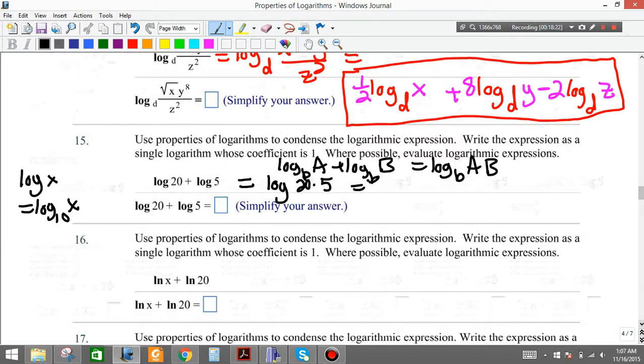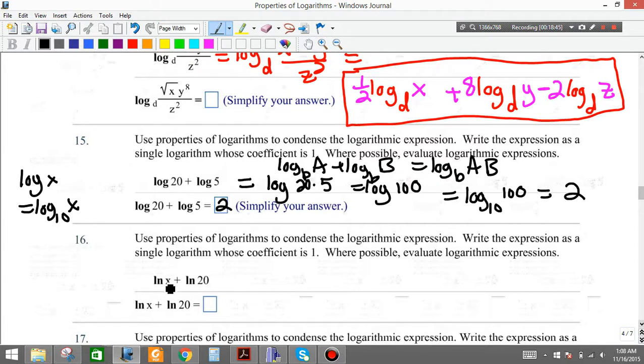So this is the log of 100. Again, this is log base 10 of 100. This we should know offhand, because this is nothing but the power that you raise 10 to in order to get 100, and we know that 10 squared is 100. The answer is 2.